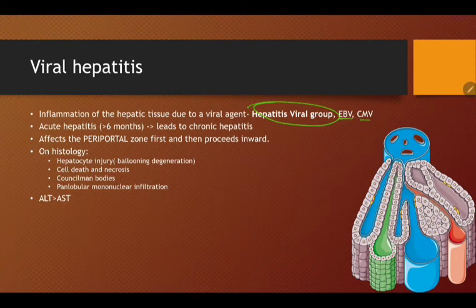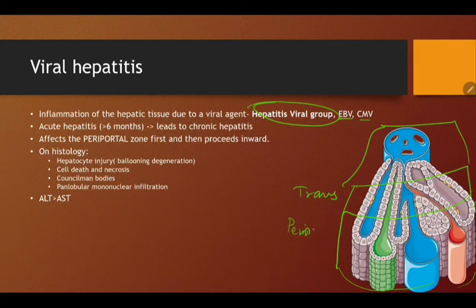It can affect the liver, as you can see over here, I have a lobule which has like a smiley face on it. But either way, there are 3 zones of the liver. There is the pericentral zone, the transitional zone, and the periportal zone. The periportal zone has the bile duct, the vein, the artery, right?